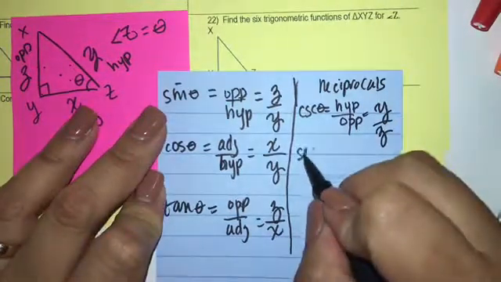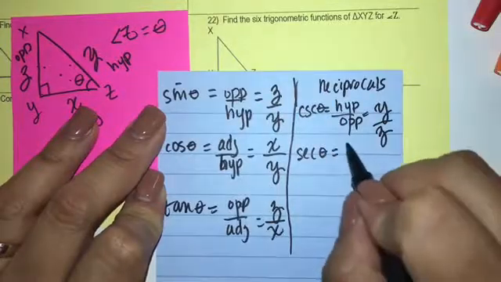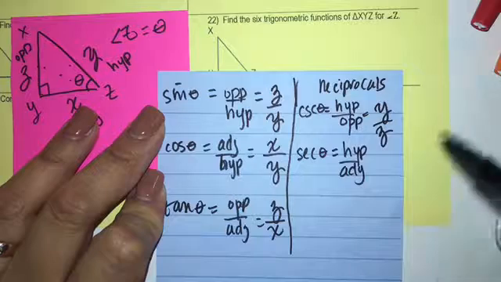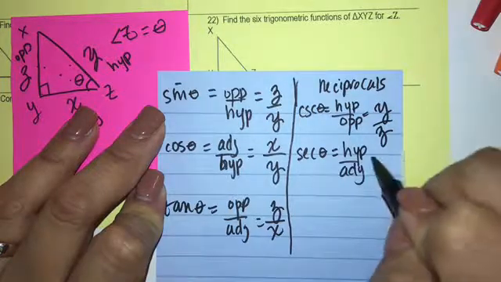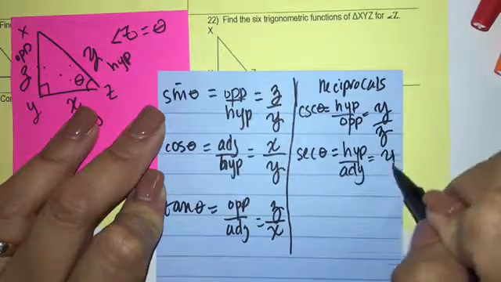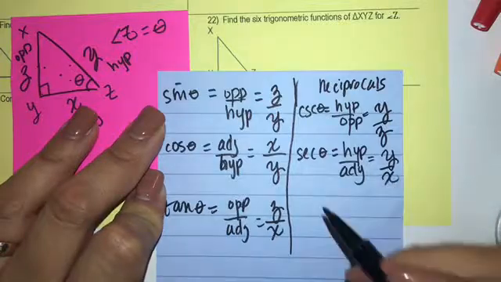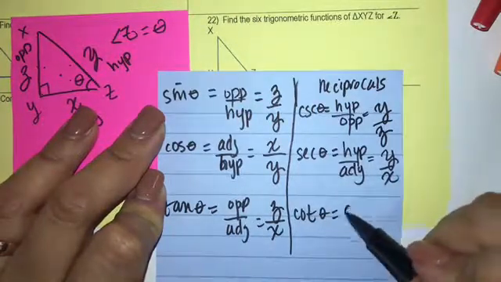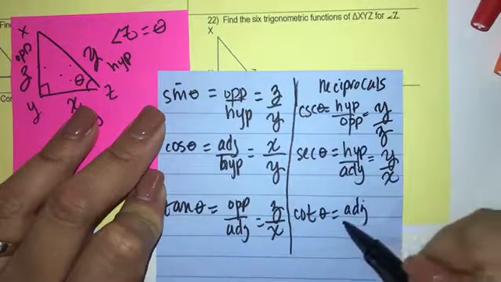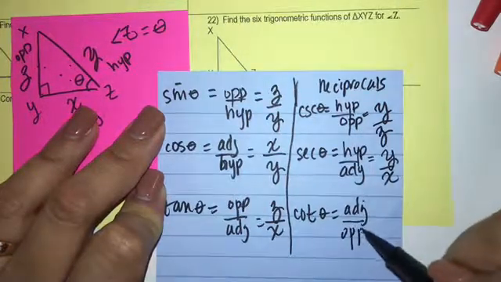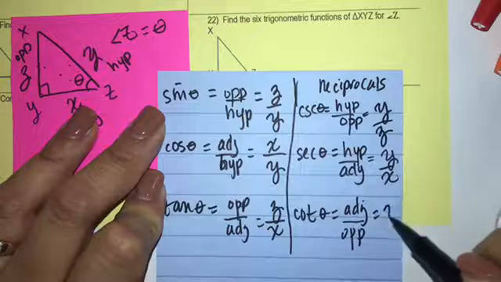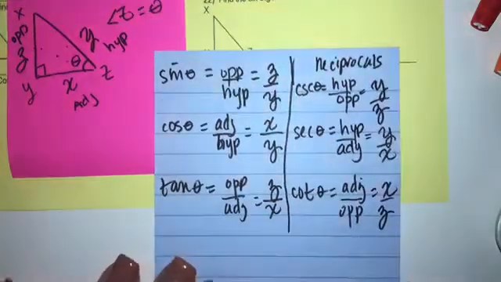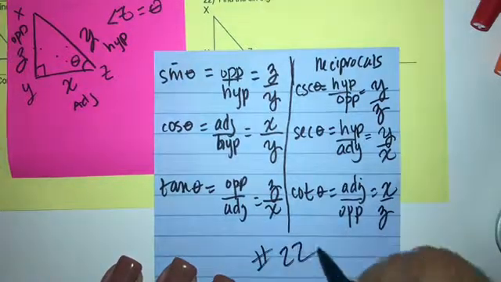Then you have secant theta, hypotenuse over adjacent. That's going to be y over z. And then you have cotangent theta, adjacent over opposite, which is going to be little x over little z. Okay, again, this is number 22.